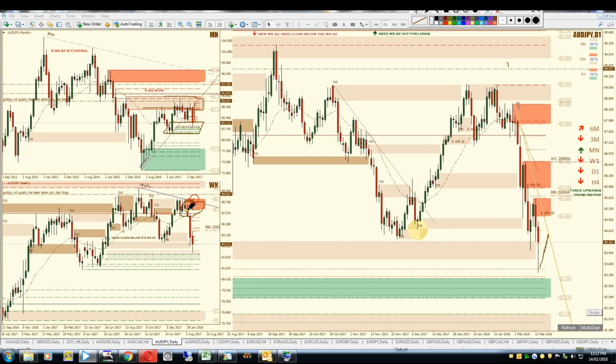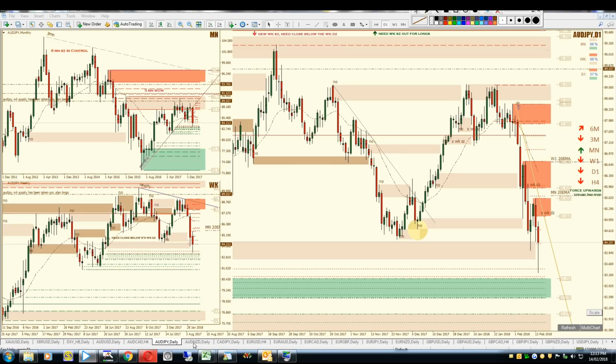Need this area out and then longs, and need weekly supply zone. New weekly supply. Need close below the weekly demand zone, which hasn't happened yet. For me to take this zone serious, we need a close below these areas here. We still haven't received that. So then there's really nothing else to look at on this chart.